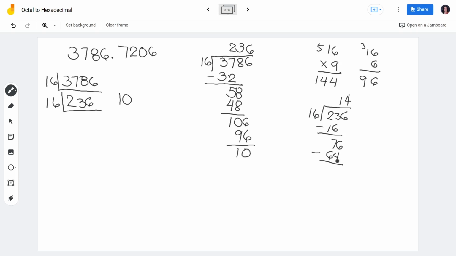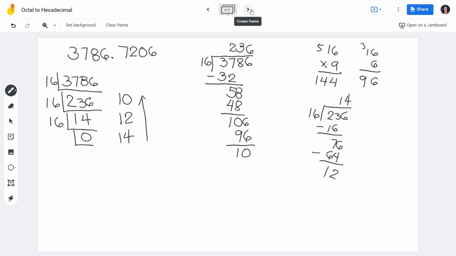So 76 minus 64 is 12. So we have 14 remainder 12. And then 14 divided by 16 is 0 remainder 14. Since 14 is less than 16, the result is we're going to read it upwards. So we're already finished with the integer part.